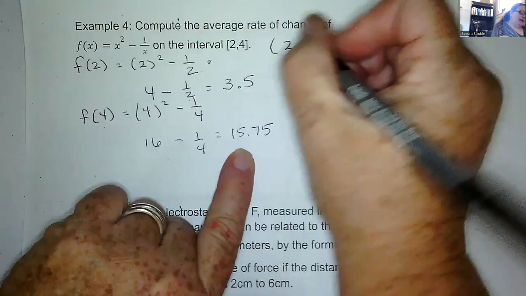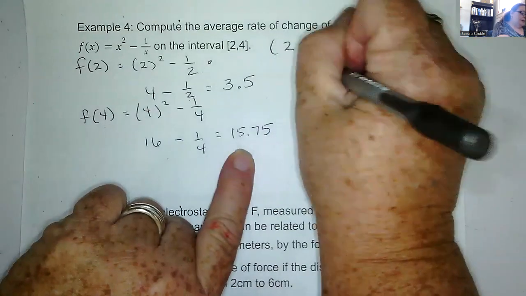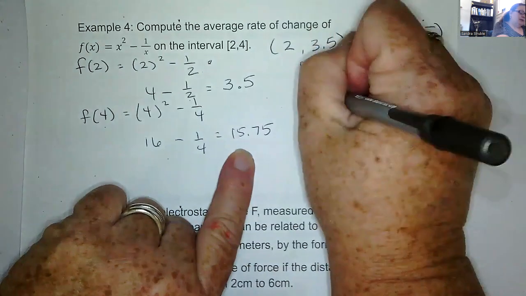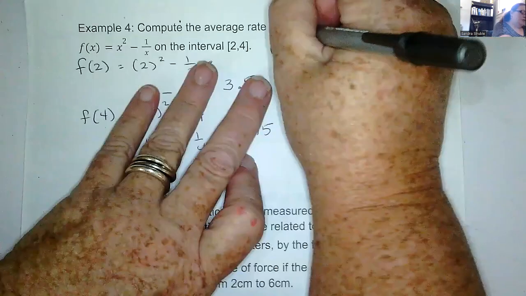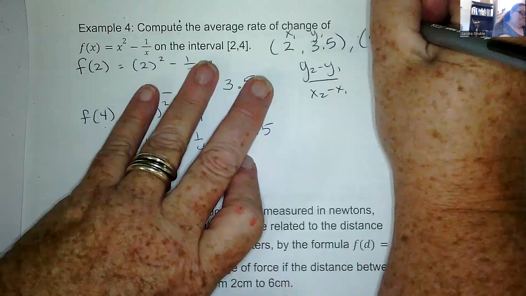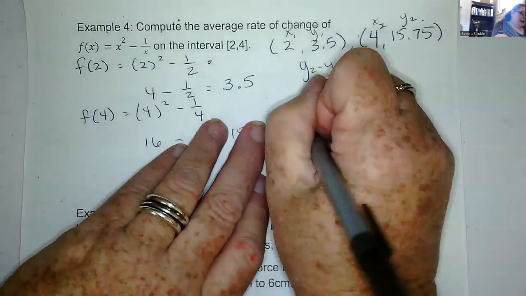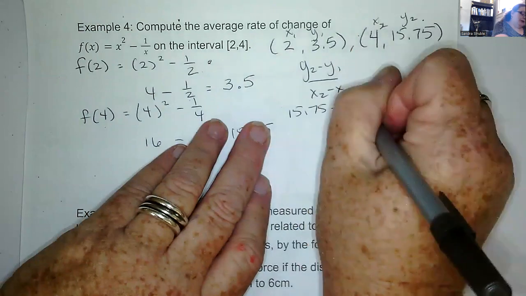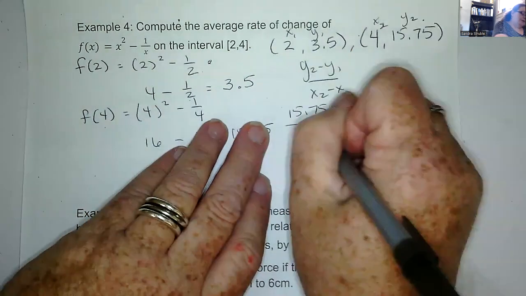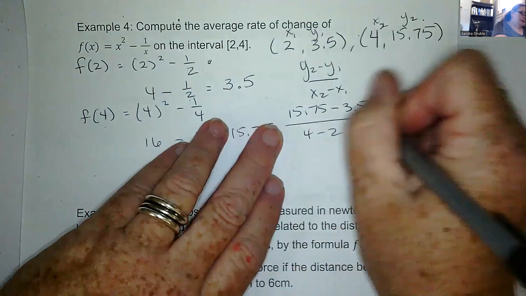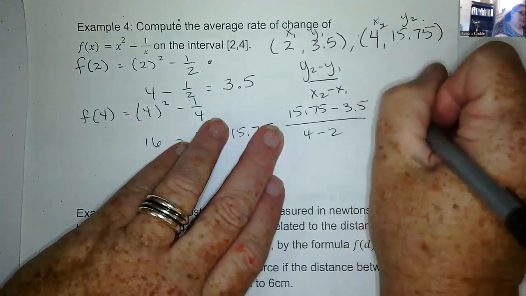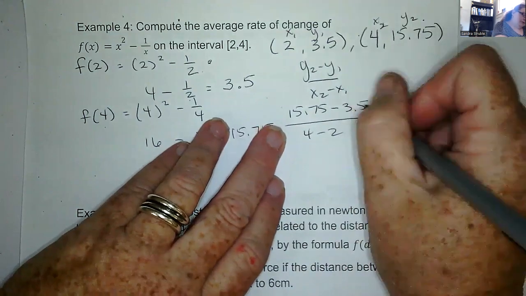15.75. All right, so now we can use y sub 2 minus y sub 1 over x sub 2 minus x sub 1. I'm going to go ahead and label my ordered pairs. Oh, that's 2. All right, 15.75 minus 3.5 divided by 4 minus 2. Well, that's 2. And what is that? 12.25, it looks like.